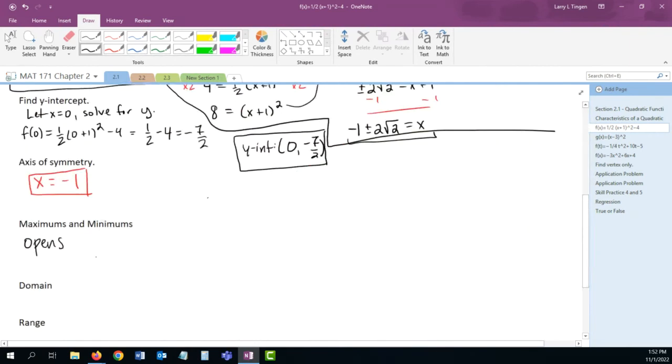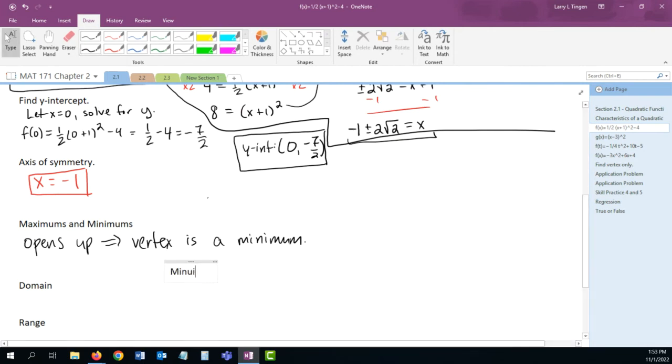So it opens up. When the parabola opens up, that means the vertex is a minimum. All right, so I have a minimum, and I'm going to type this part.